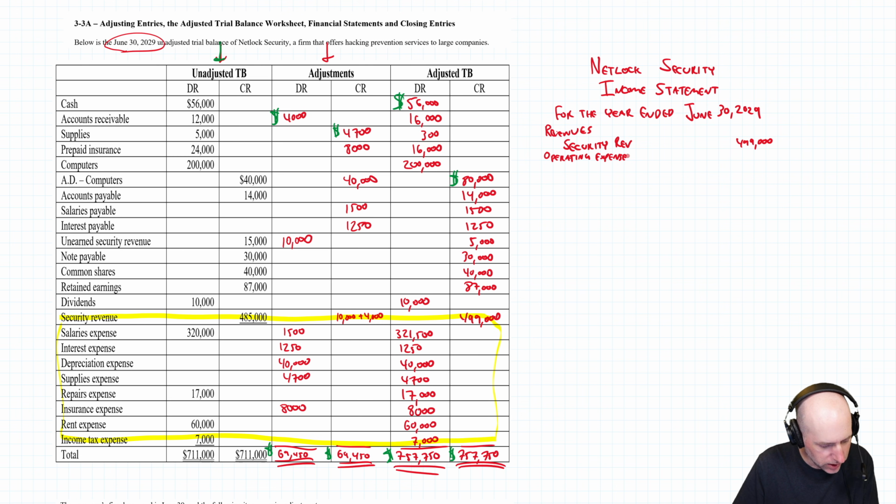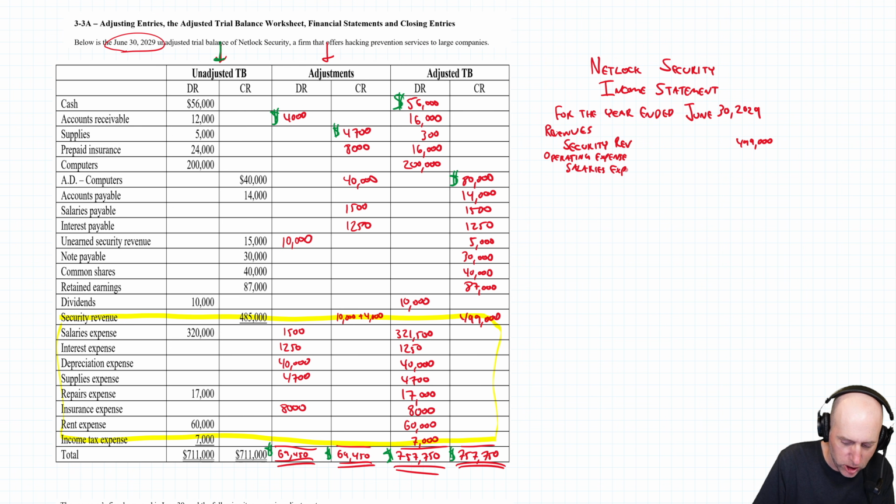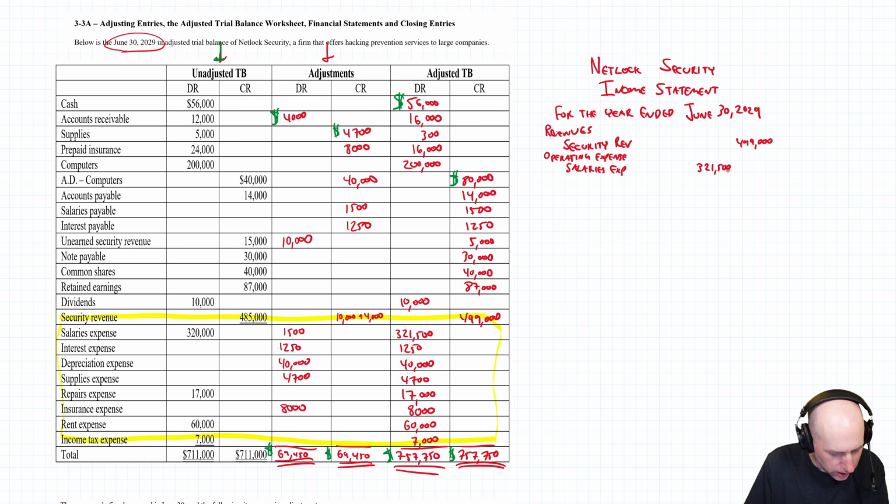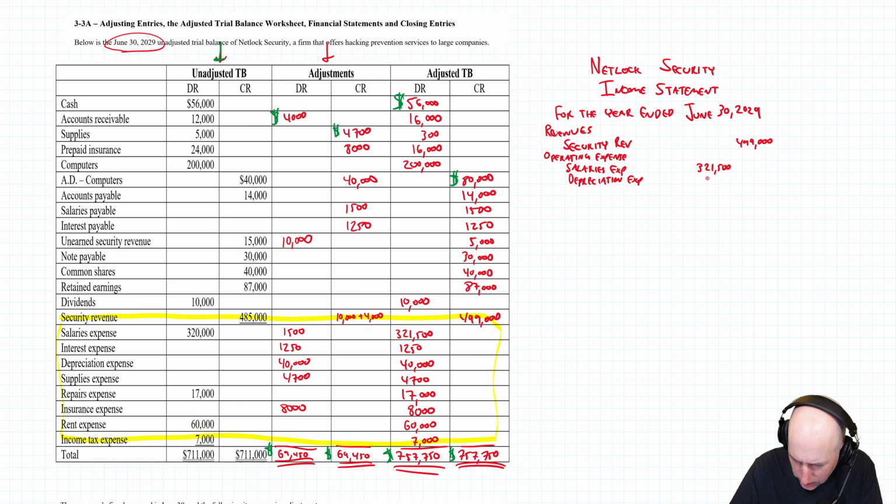So I'm just going to list them in the order they appear here. Salaries expense, and to be clear, we're taking our adjusted totals. $321,500 is our adjusted salaries expense. Interest expense we'll save till the end. Depreciation expense is $1,250.